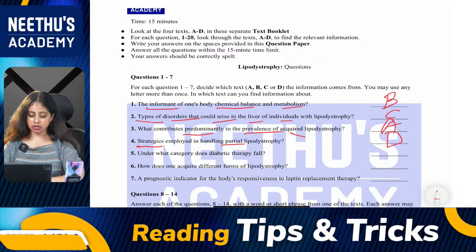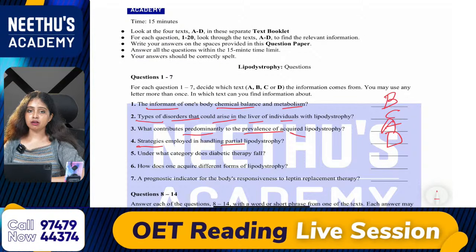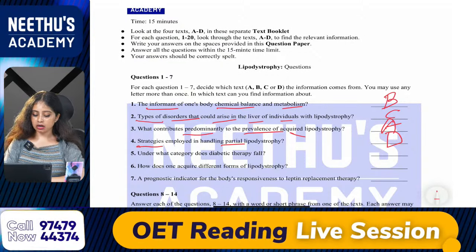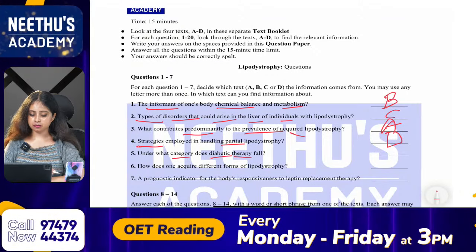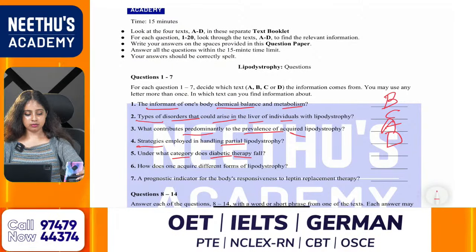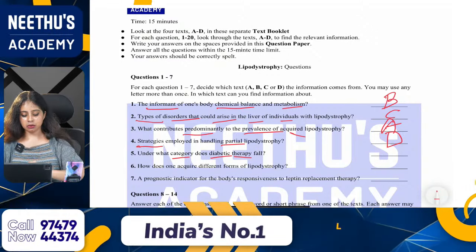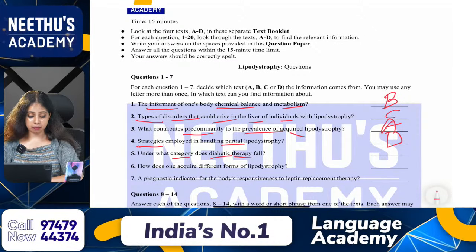Okay, moving to the next question, under what category does diabetic therapy fall? What is the answer? Any idea? So please let me know. Question number 5, under what category does diabetic therapy fall?